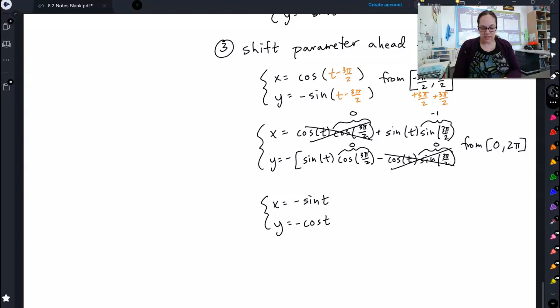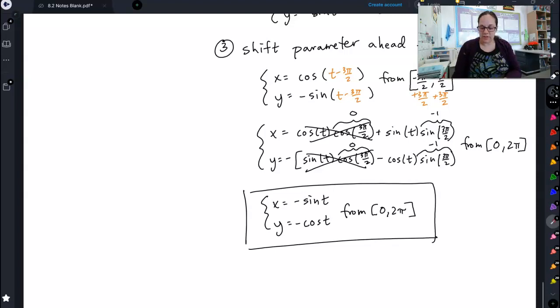And this is a negative. Ooh, I messed that up big time. Let me try that again, guys. Hello, sine of 3 pi halves is -1. So this goes away because that's 0. We've got a negative times a -1, which gives me a positive cosine. But then I still have this negative out in front, which gives me a negative cosine. And that is our final answer.